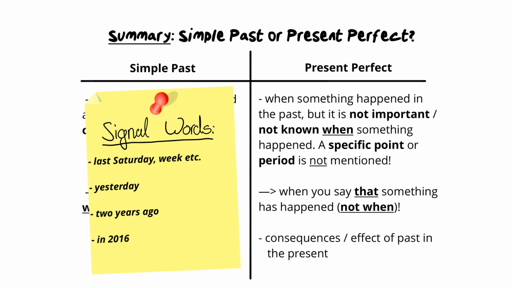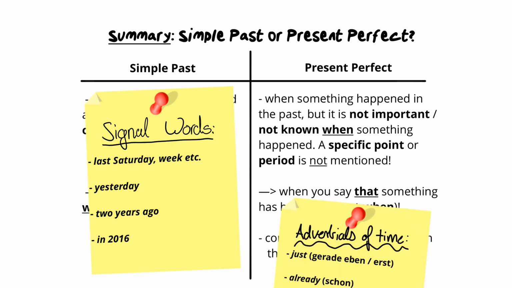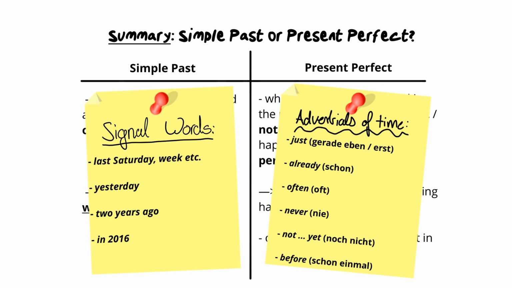A specific point or period is not mentioned. So we can say that you use the tense when you say that something happened, not when. You also use the present perfect with consequences and effects of past events in the present. Signal words are the adverbials of time, like just, already, often, never, and so on.